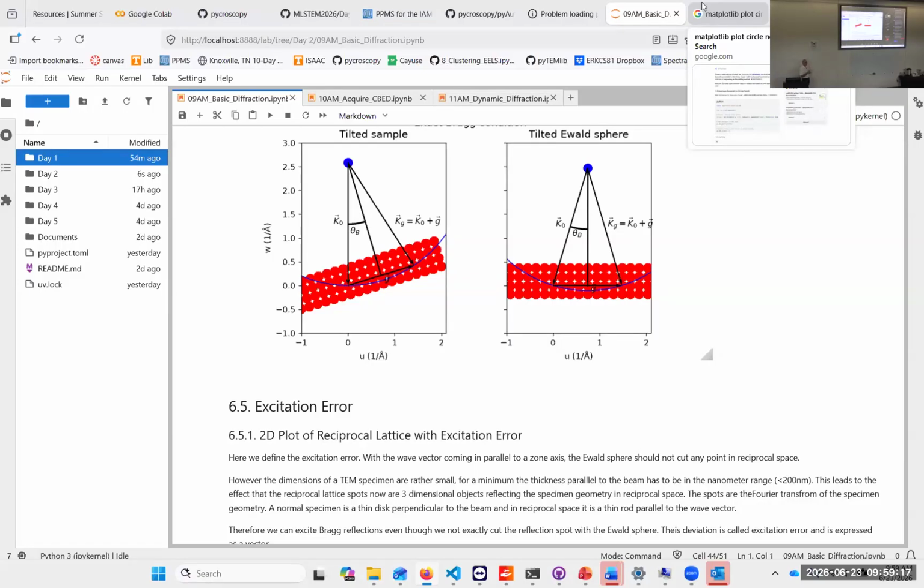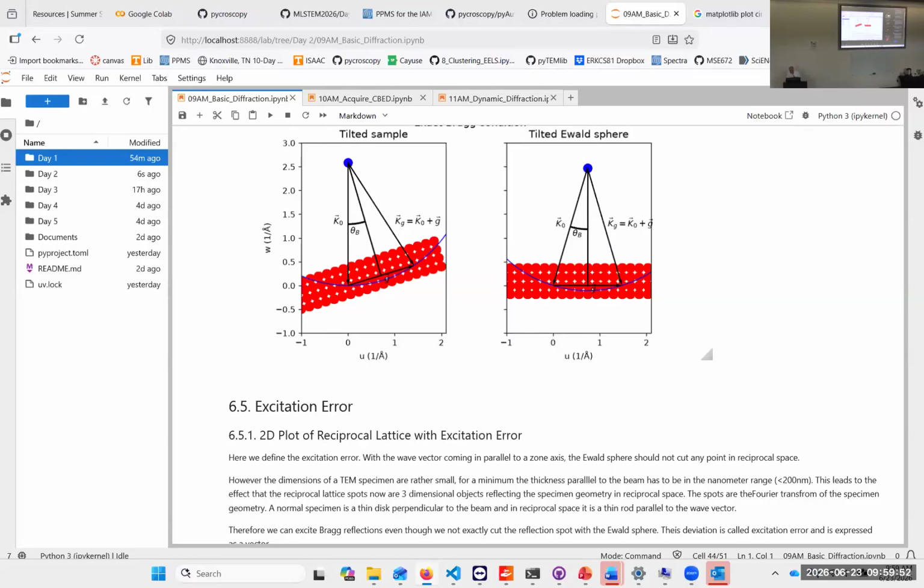I just figure out which reflections are close to the Ewald sphere within our excitation error. And then I calculate the structure factor. Is it allowed or not? Does it have constructive interference or not? If it is destructive, it's forbidden, it's gone. So we don't have to do anything special for that. And that's the beauty of that approach.